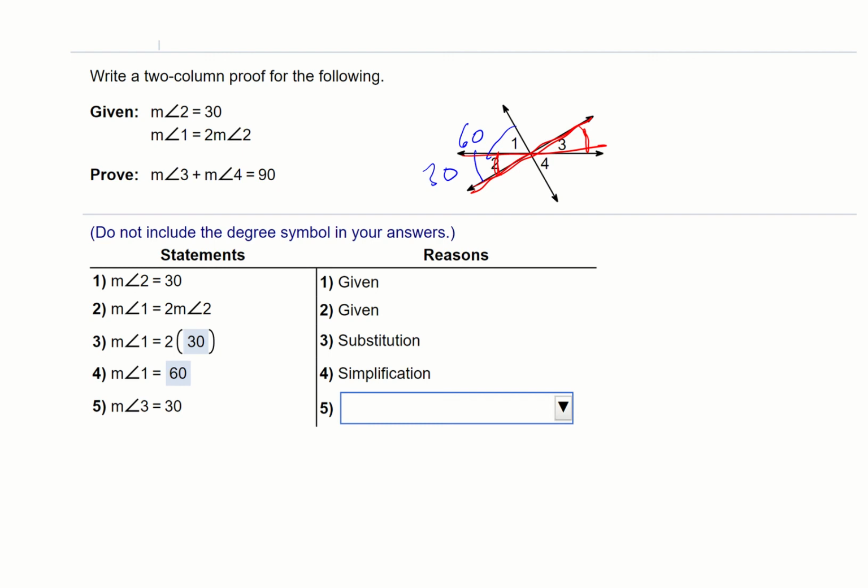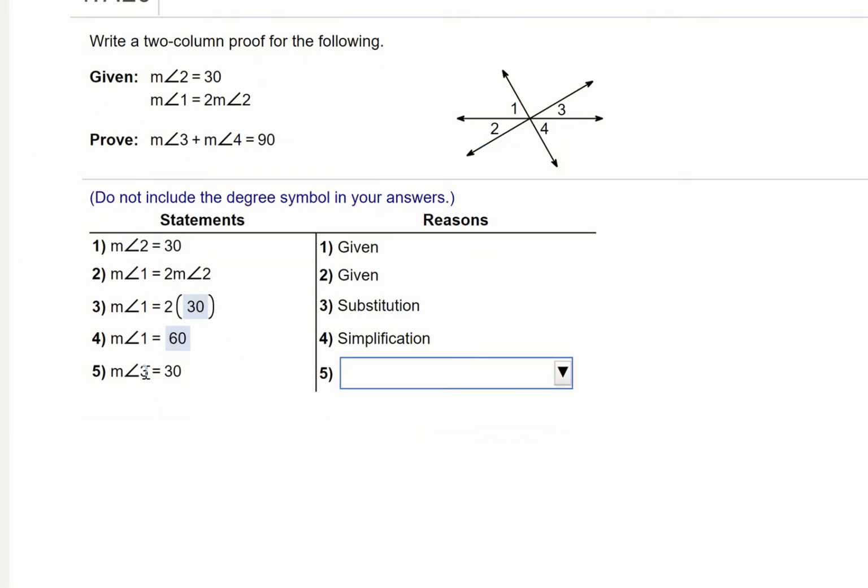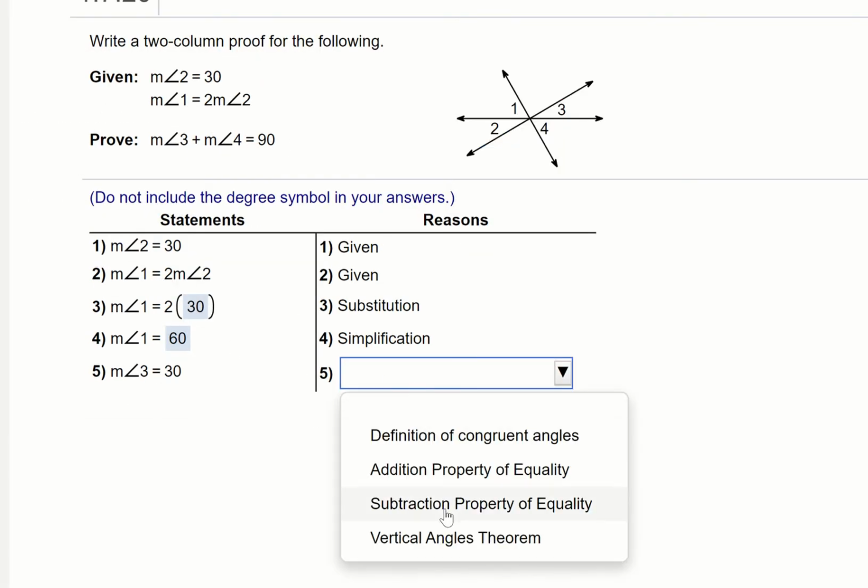Vertical angles are angles that are opposite of each other, and they're formed from 2 intersecting lines. So angle 2 has to be equal to angle 3. So angle 3 also has to be 30, because they're vertical. In the same way, angle 1 and angle 4 are vertical angles, and so angle 4 is also equal to 60. So that's called the vertical angle theorem. So angle 3 is equal to 30 because of the vertical angles theorem.